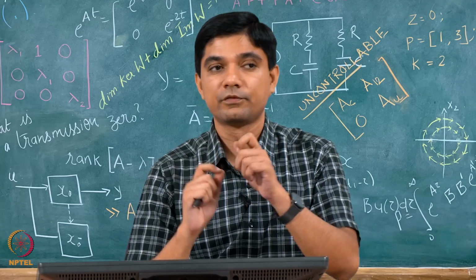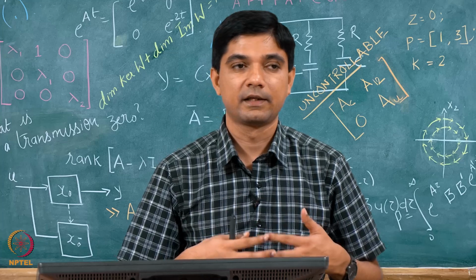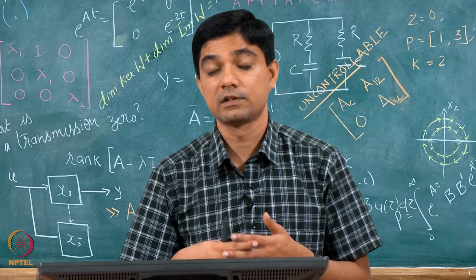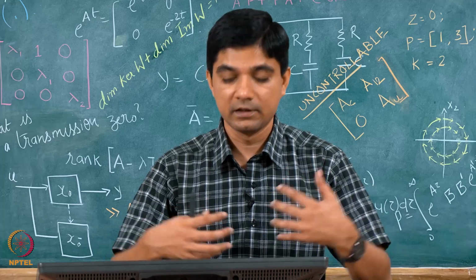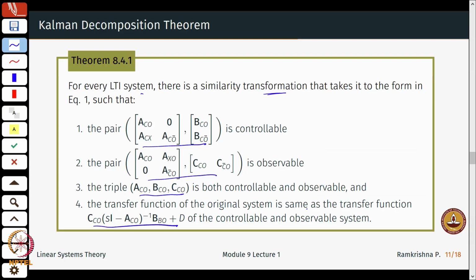Similarly, if I do it for the observable decomposition, I get the relation that the transfer function of the system is only the transfer function of its observable part. Now, if I combine these two, I get this result that the transfer function of the system is the transfer function of both the controllable and the observable system. That is what we deal with here, from this triple. So, that is kind of nice.